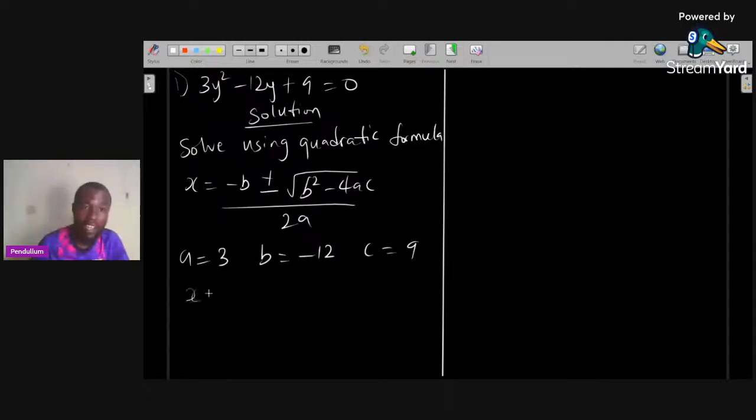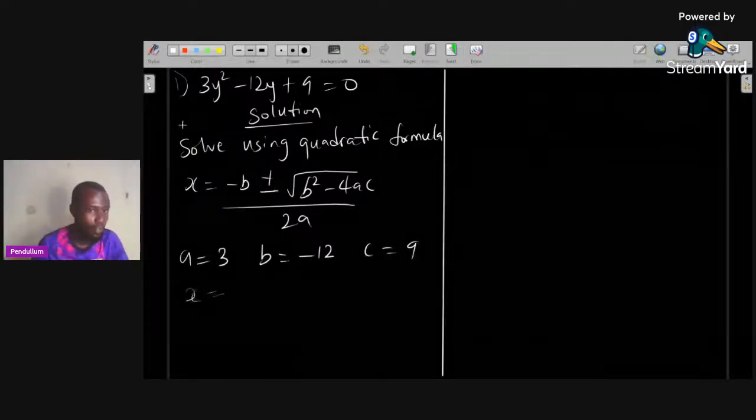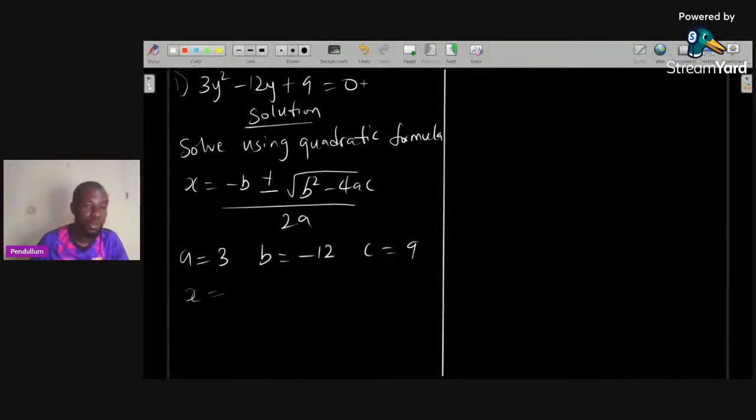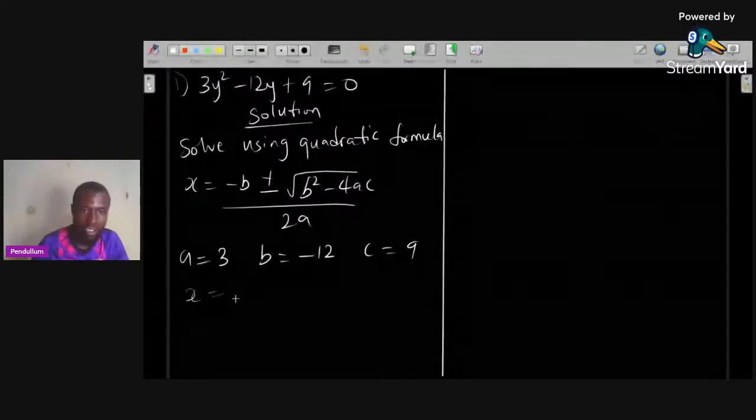You can still go ahead and reduce this, just like we did for factorization. We can divide all through by 3 to reduce it. You'll get the same answer, but let's just solve this as it is.